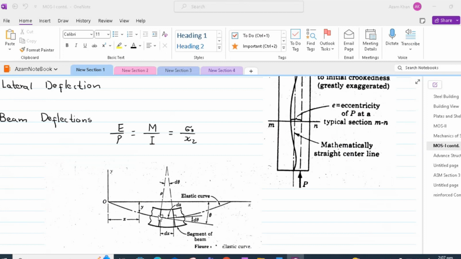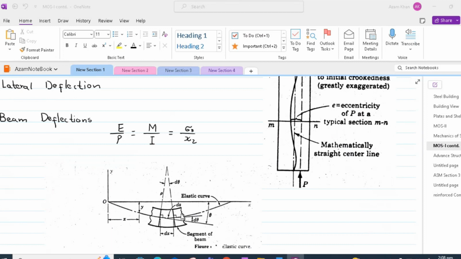The edge view of the neutral axis, or the edge view of the neutral surface of a deflected beam, is called the elastic curve of the beam. In mechanics or structure analysis, we normally are interested in determining the equation of this curve, which helps us to find out the vertical displacement y of any point in terms of its x coordinate.